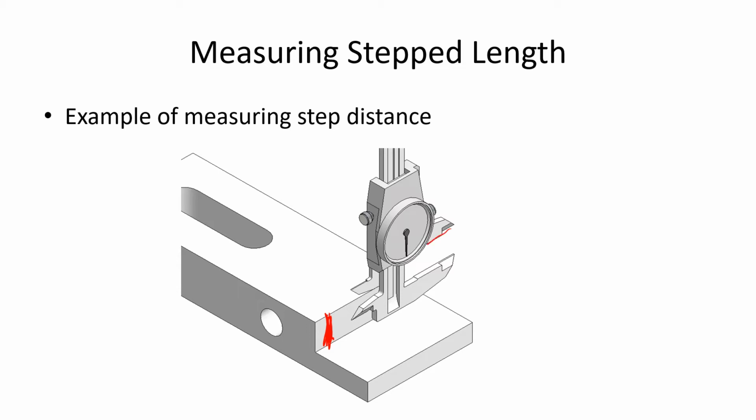It would be hard to use these because you can't clamp on to this, and it would be hard to use these accurately because you could probably get this edge maybe right here, but then where do you put the top edge? You'd have to put a flat piece of something over here to get a measurement. Instead, you use what's called the stepped measurement, and you flip the dial caliper over, and there's actually a way to do that over there.